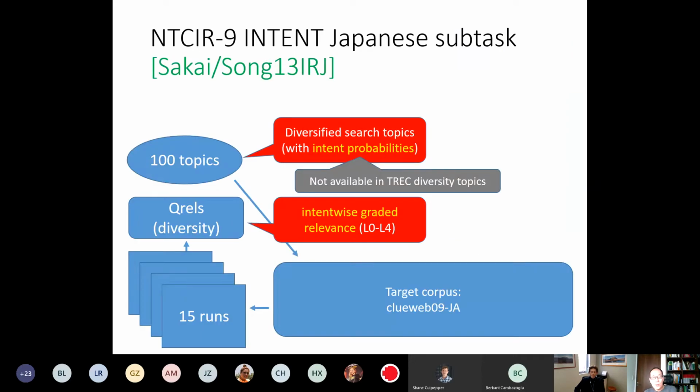So the data I used originally comes from the NTCIR INTENT task. This is a Japanese subtask, but for my research, the language does not matter. So originally, this was a diversified search test collection, and the target corpus was a portion of ClueWeb. So this is web search data.